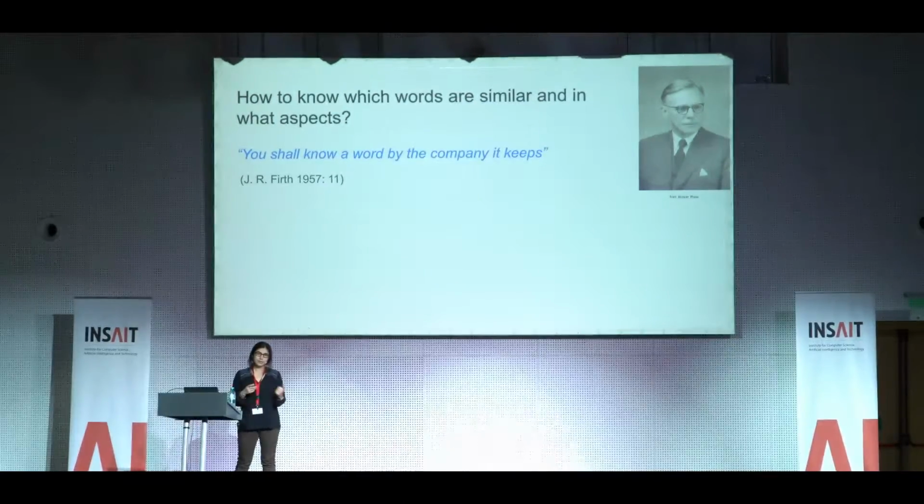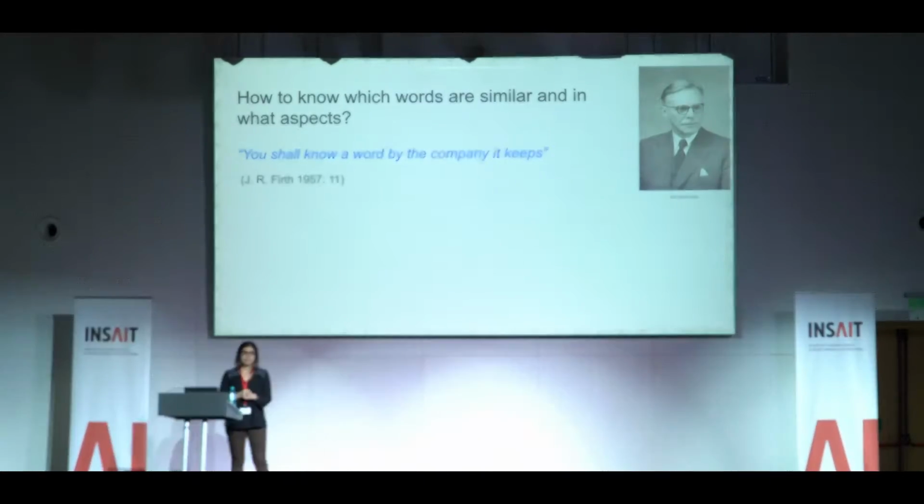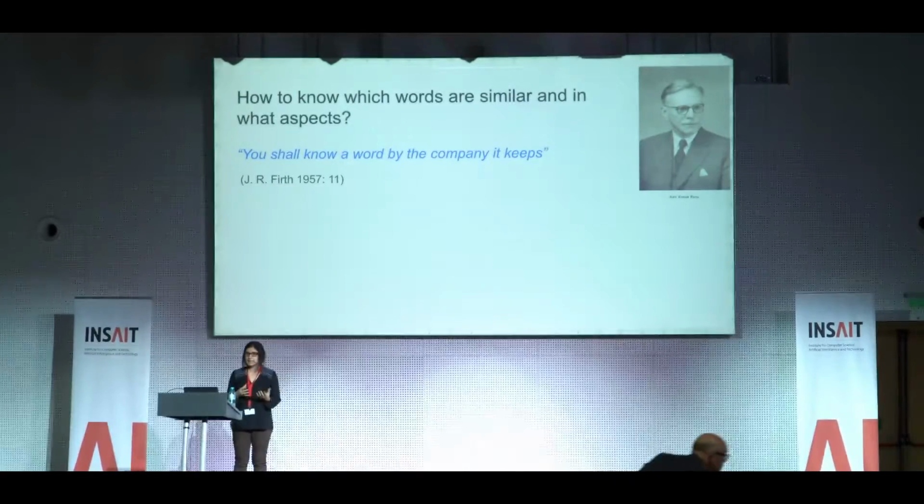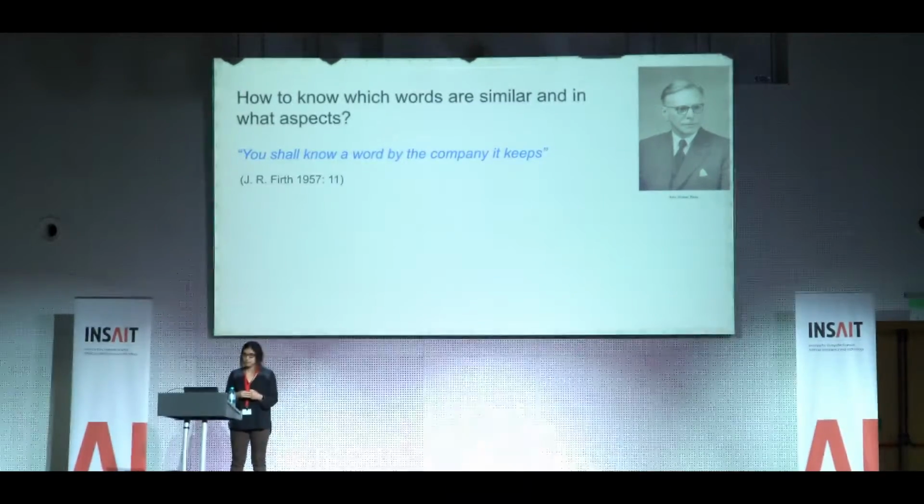John Firth, who was a famous linguist, said that we can know whether words are similar by their context, by the company they keep. So we can know a word by the company it keeps.